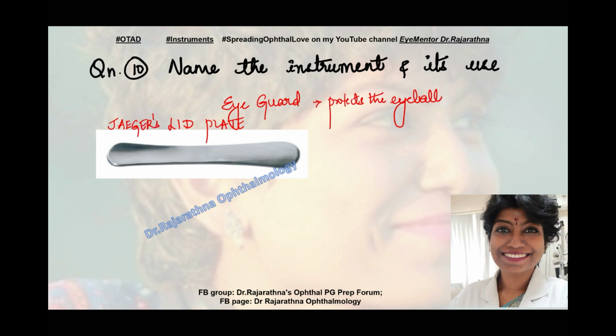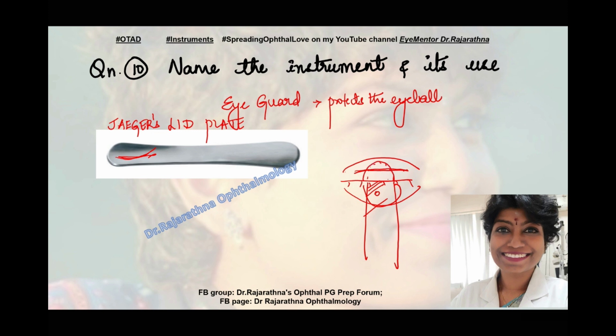So what is actually done is, if you see, it's got this concavity here. So if I want to do some procedure on the lid, you insert this just beneath the lid. And if I want to give a full thickness incision on the lid, I don't want my incision to go down into the eyeball and perforate the eyeball.